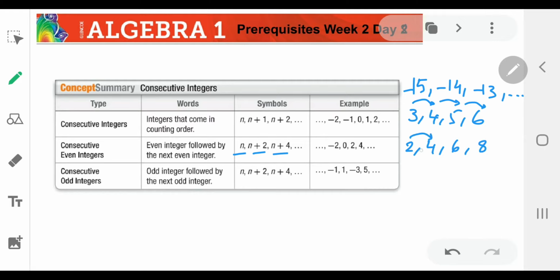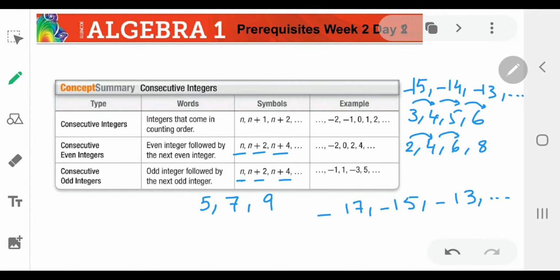They increase by 2. While the odd integers also increase by 2, like 5, 7, 9, even if they are negative, like negative 17, negative 15, negative 13, and so on.